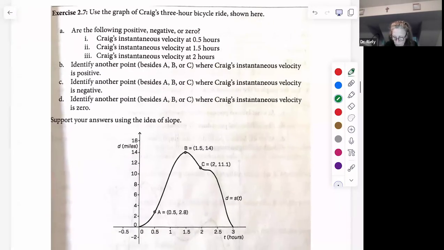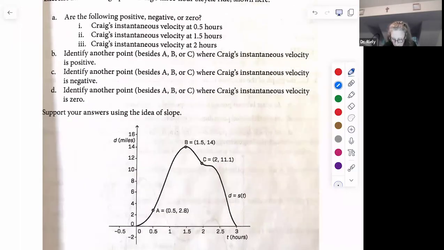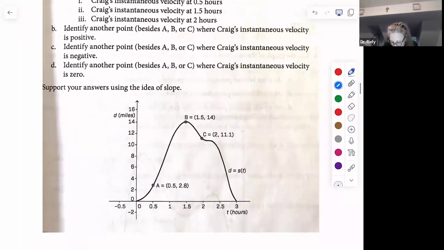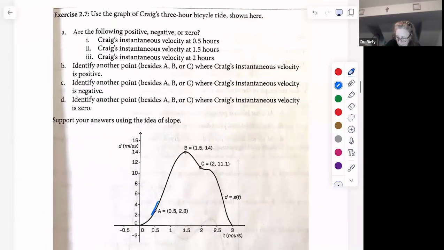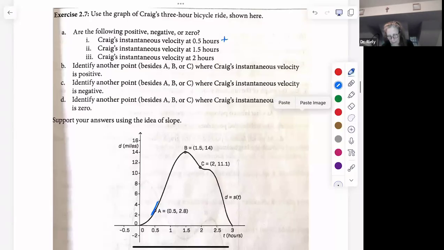So what we're going to do is draw a tangent line to the curve at that spot. So at 0.5 hours, that's point A. If you draw a tangent line, that gives you the instantaneous speed as opposed to the average. And you can see that it's going to be positive. I don't know what it is exactly, but I can clearly see it's positive.